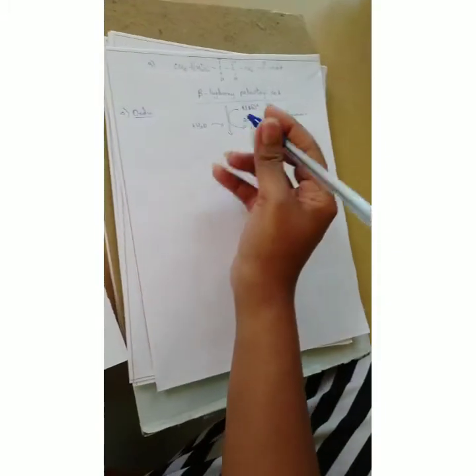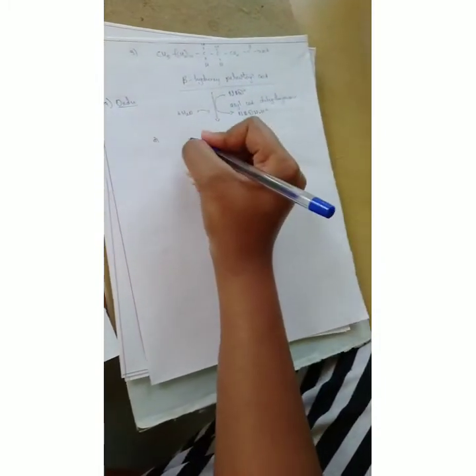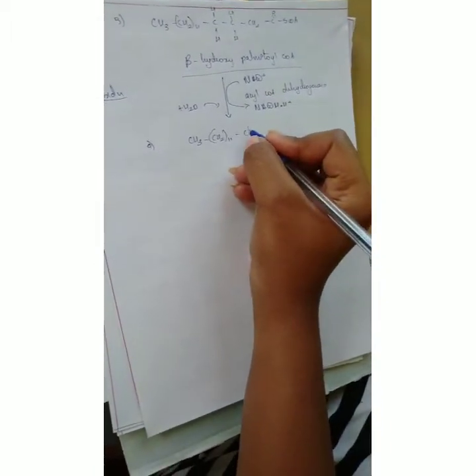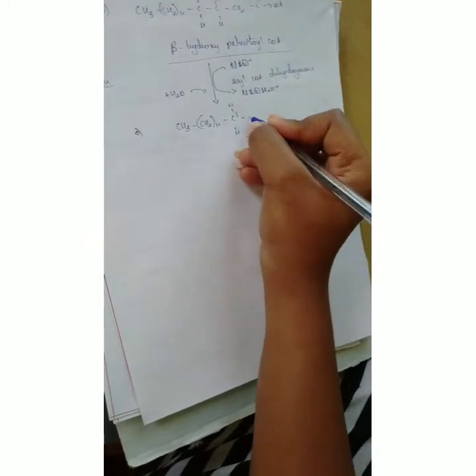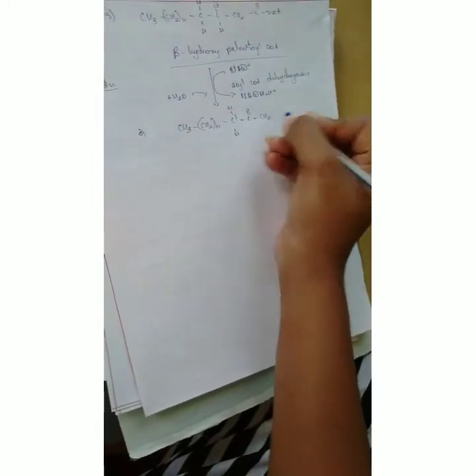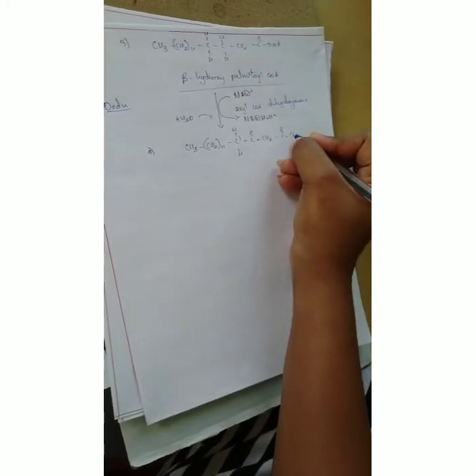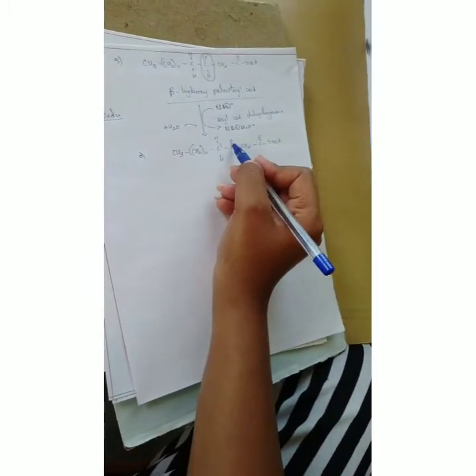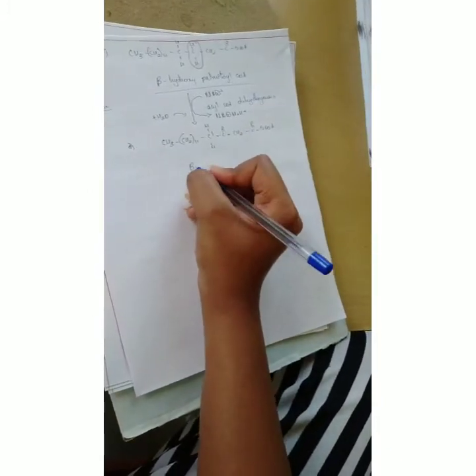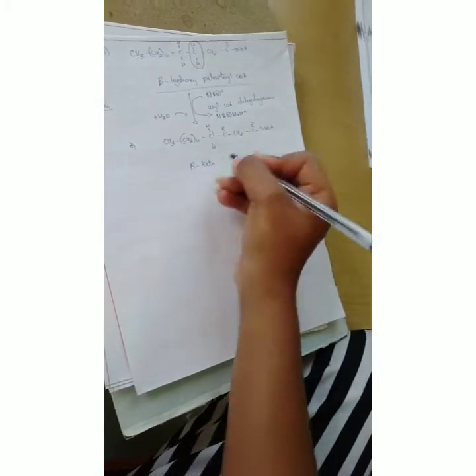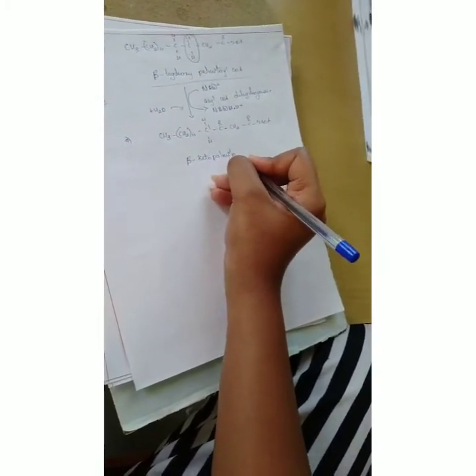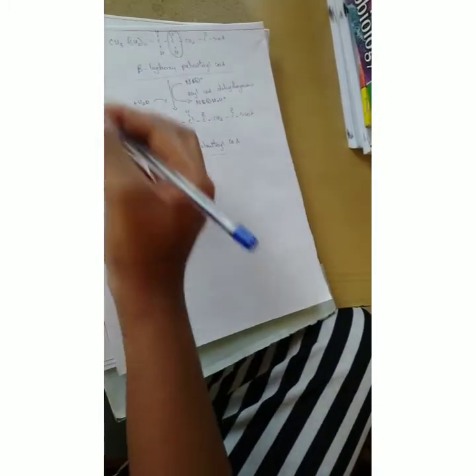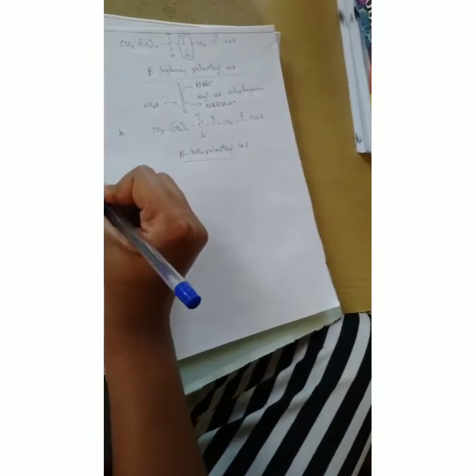In the fourth reaction, it gives rise to CH3 (CH2)11 C double bond O, CH2, C double bond O, S-CoA. This is beta-keto palmitoyl-CoA.